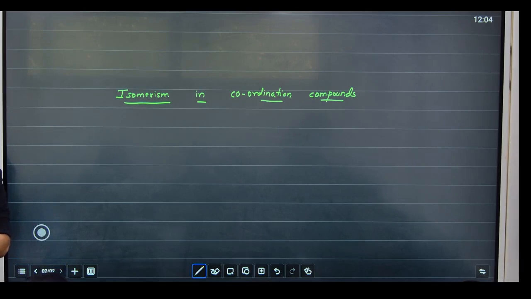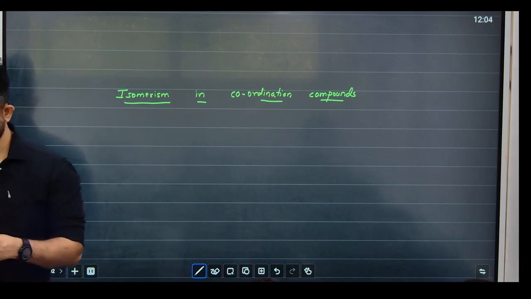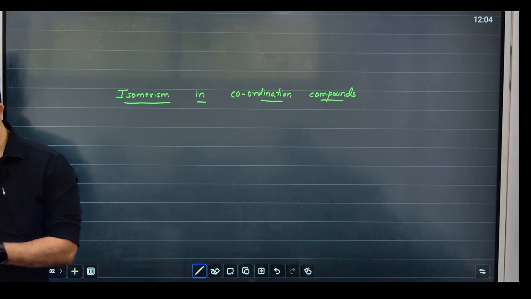Some of these limitations are explained in ligand field theory, LFT. But people, LFT is out of scope for us.